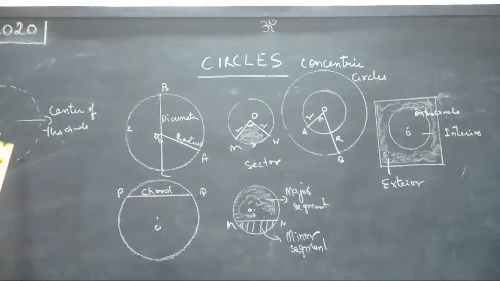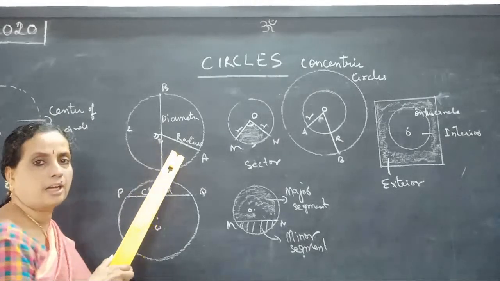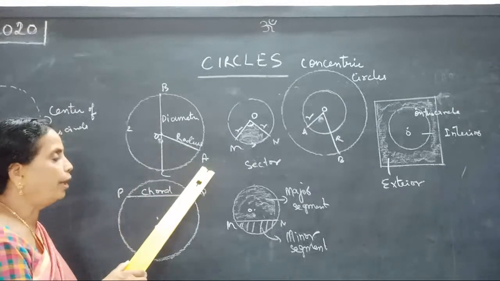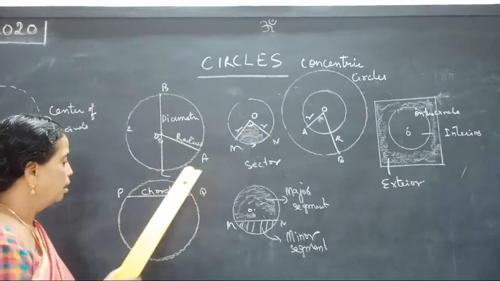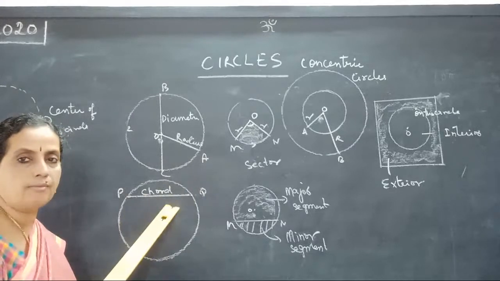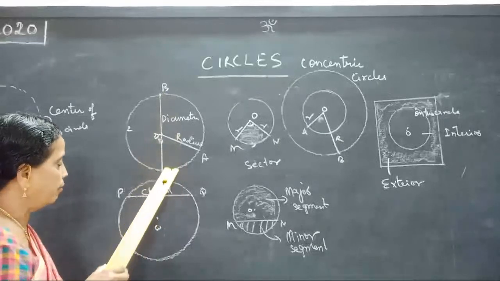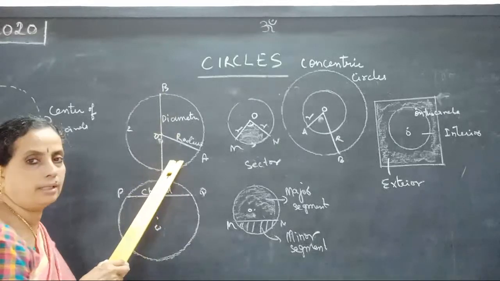Here, a circle is the set of points which are equidistant from a fixed point. Radius is the line segment from the center to the point on the circumference. Chord is a segment joining 2 points on the circumference. A chord which passes through the center of the circle is a diameter.